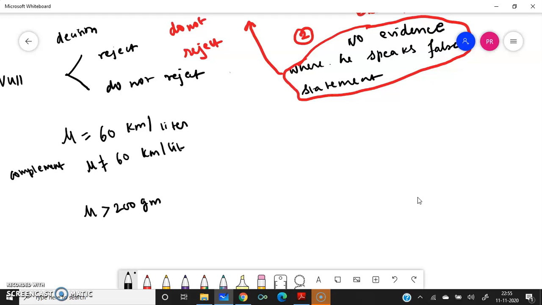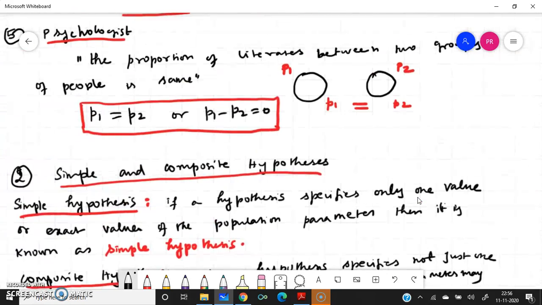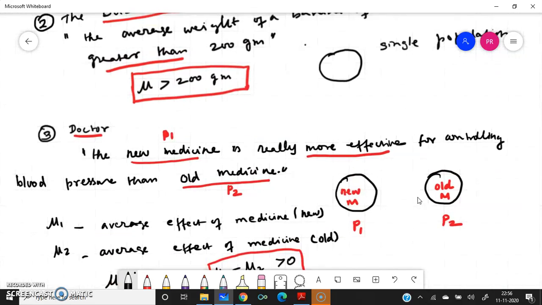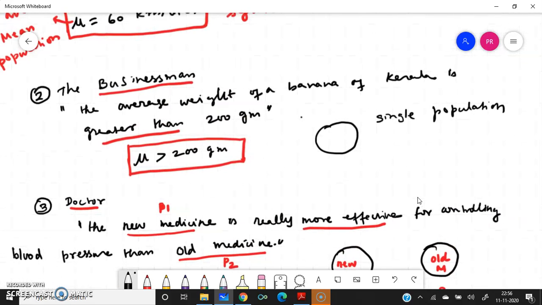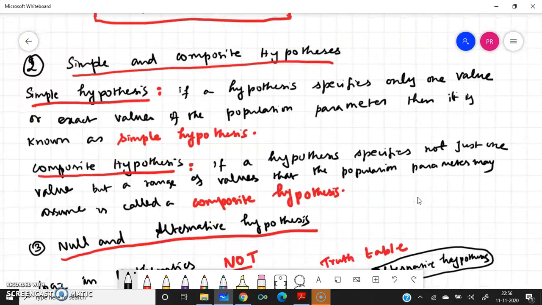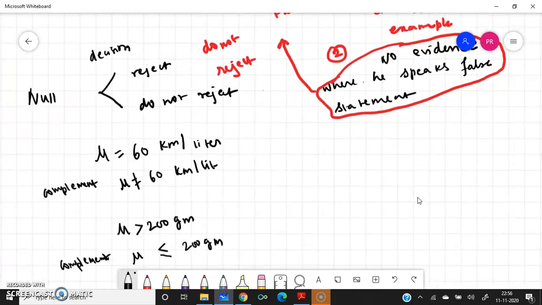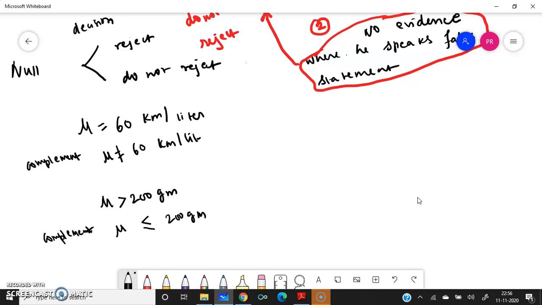Mu is greater than 200 grams, and its complement is mu less than or equal to 200 grams.